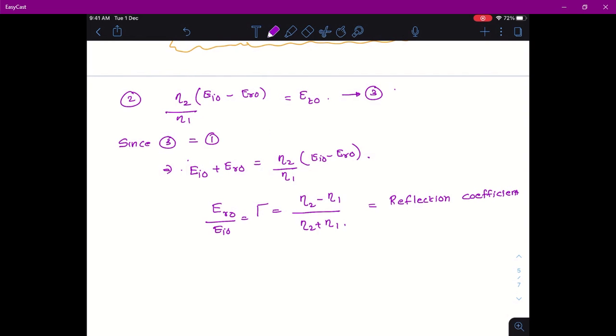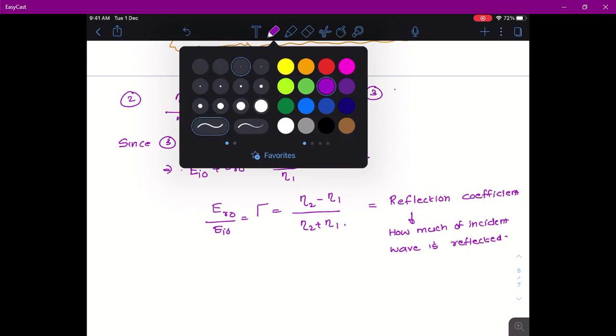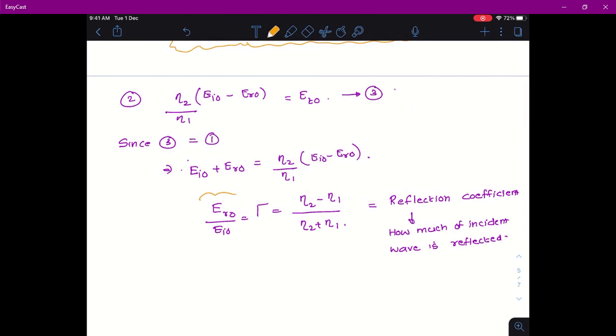And it gives how much of the incident wave is reflected. Okay, so this is the expression of the reflection coefficient for a normal incidence.